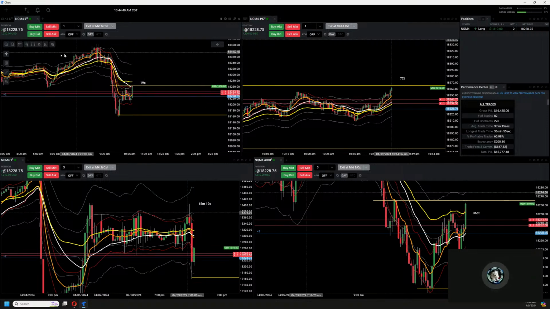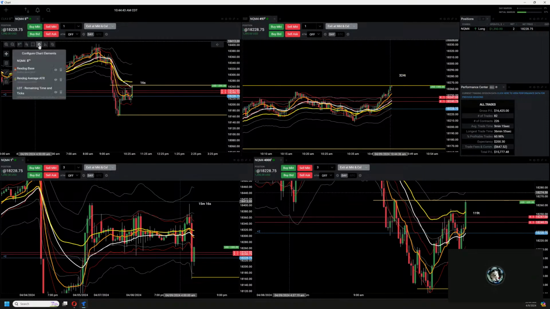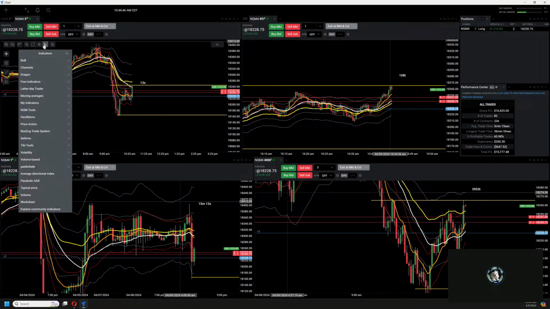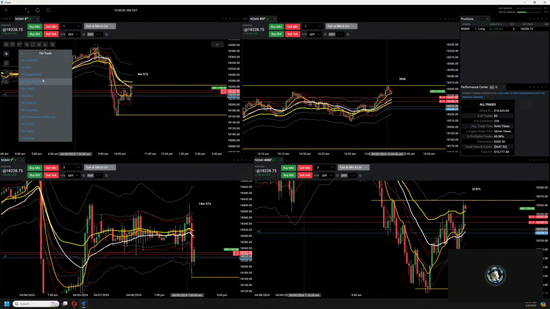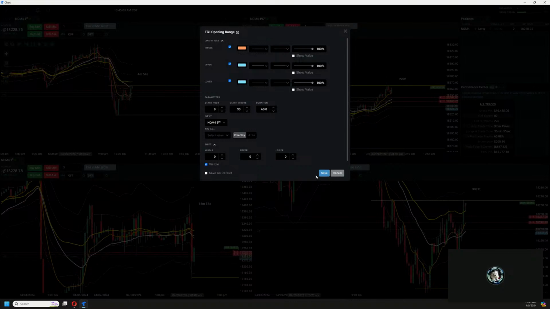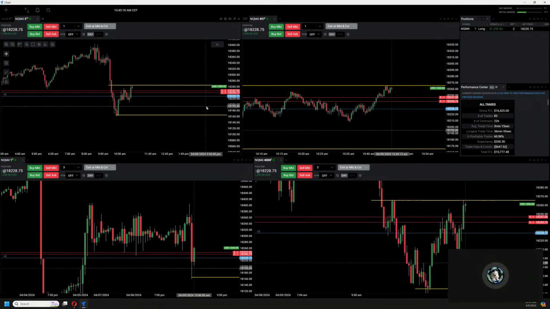How come my Ticky thing is not on this chart? What the hell? That is Ticky Tools. Opening range. It's not 9:30, it's 8:30. I don't know why it didn't show up.